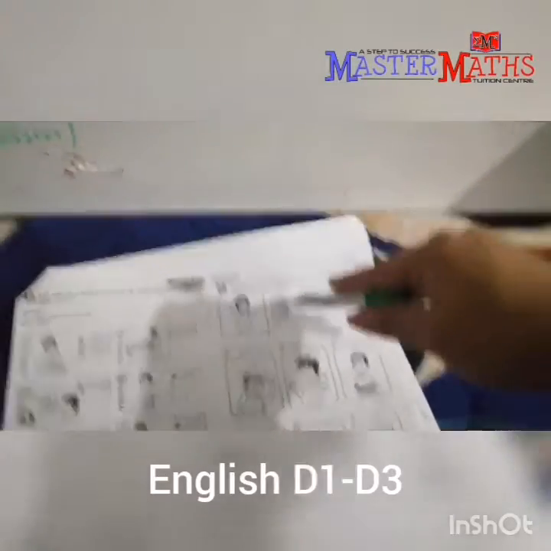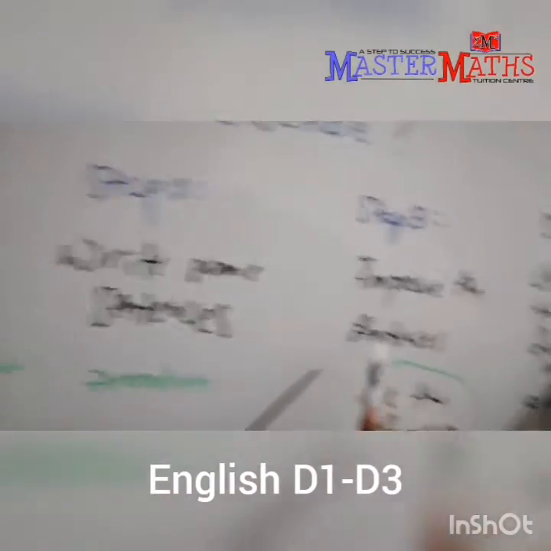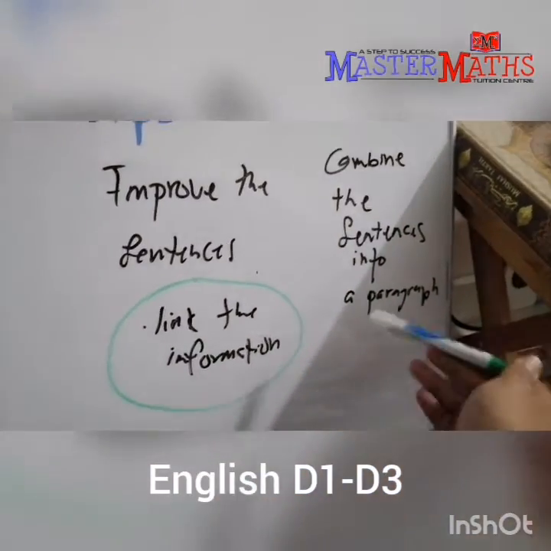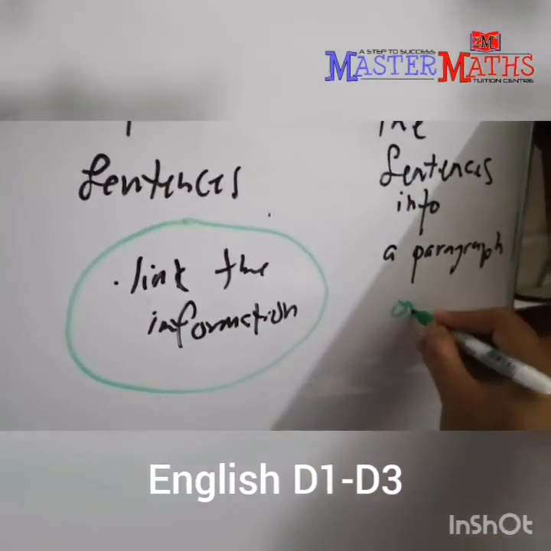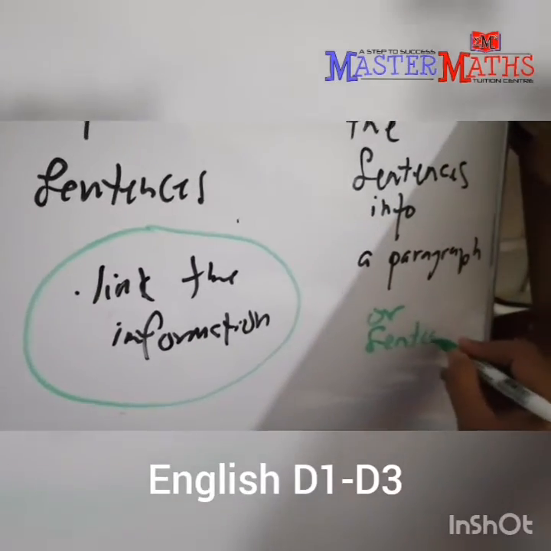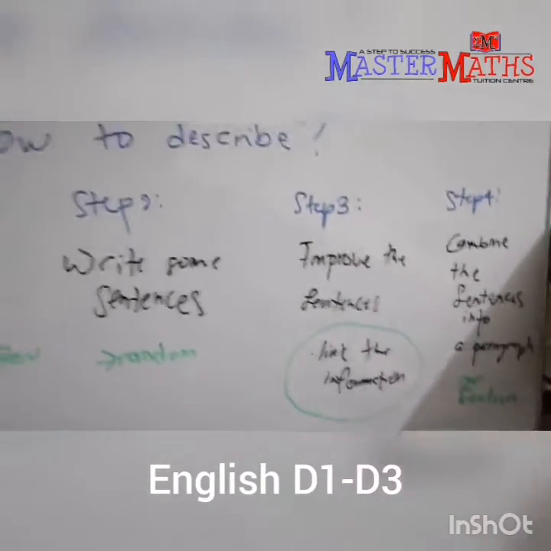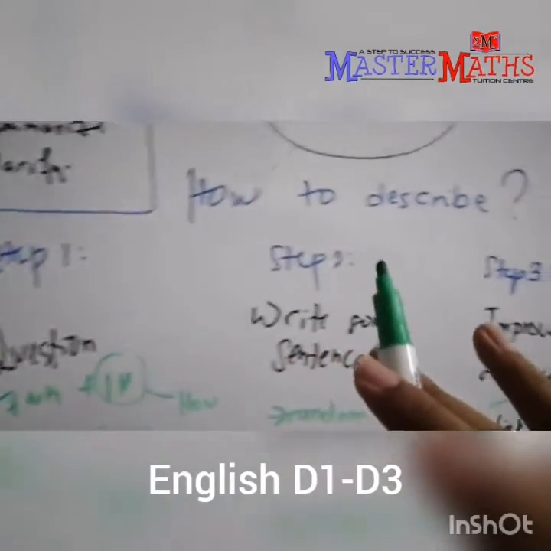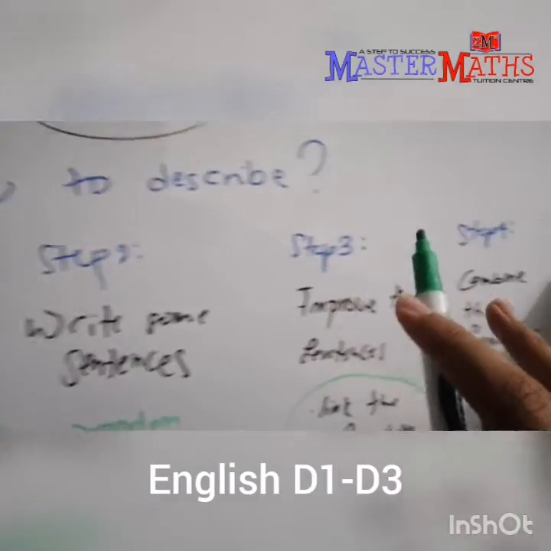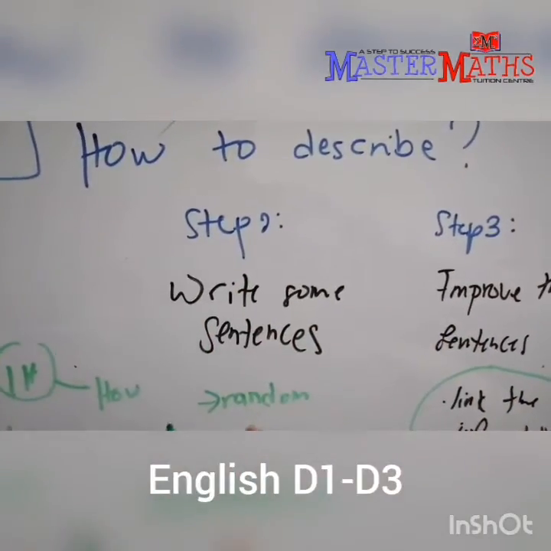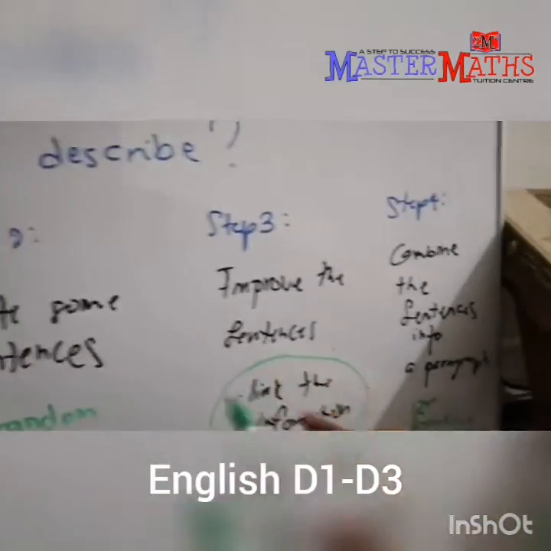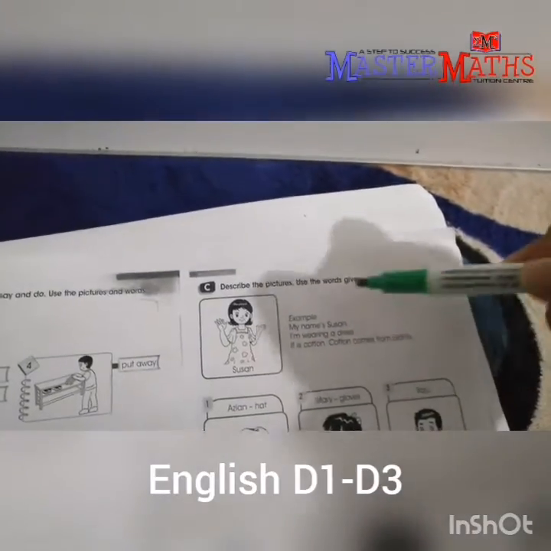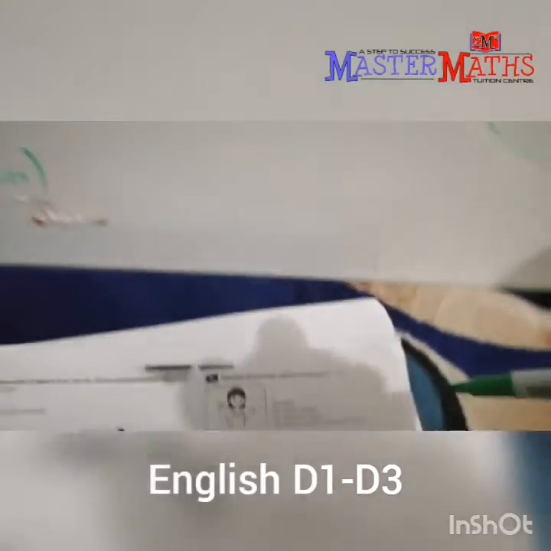Basically it comes from simple sentences, then you improve it, and the last one you combine it to be a paragraph or sentences. Itu je lah tips dia. Ada 4 tips: first you need to apply the questions, second you write some sentences, then you improve the sentences yang awak dah tulis tadi. Lepas tu last sekali baru awak combine sampailah jadi satu ayat, or paragraph.